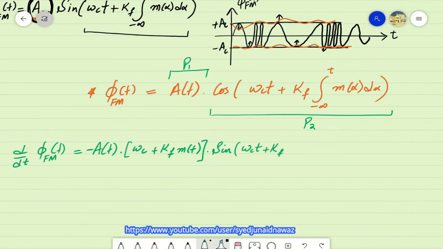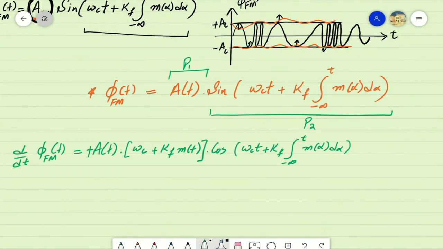While the received frequency modulated signal can be a cos wave or a sine wave, as in the initial part of this lecture we have considered a sine signal here. So to make it uniform, if we consider a sine wave here, then its derivative will be a cos. Further, the second part will be the derivative of the first part, that is a of t, and the derivative of a of t is a dot of t, multiplied by the second part in its original form.